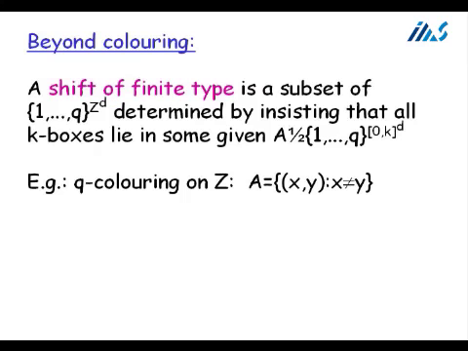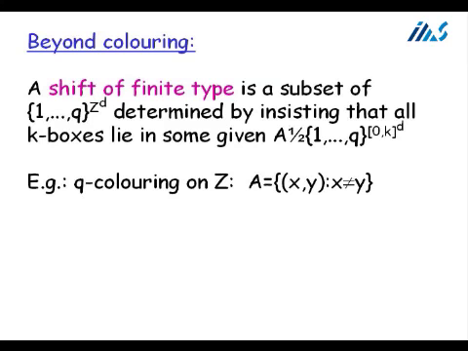Okay, so in addition to colorings, there are all kinds of other structures that one can think about making. More generally, a shift of finite type is going to be a configuration which satisfies certain constraints.